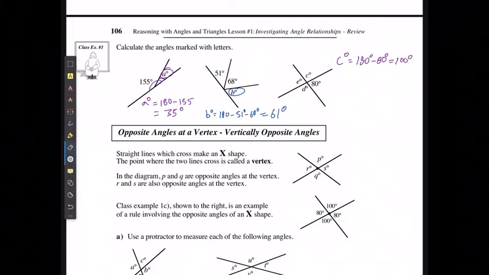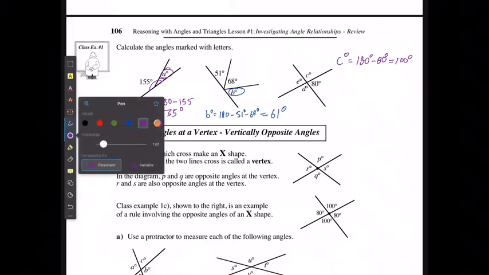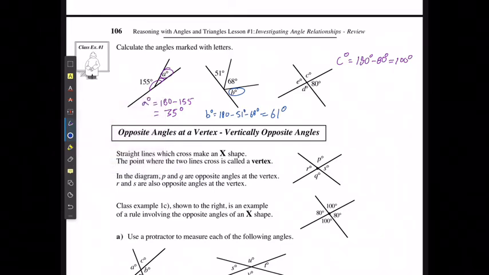If I know that C is 100 degrees, and C and E create a straight line, then I'm going to say that E degrees is going to equal 180 minus C degrees, which is 100, and that one's going to have to equal 80 degrees.